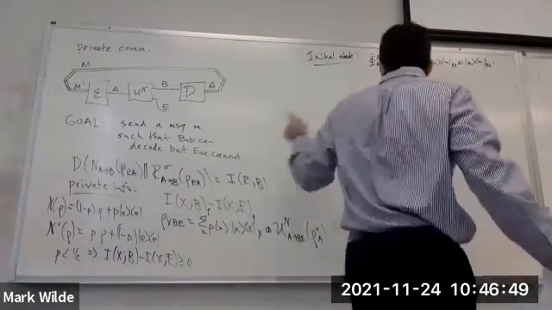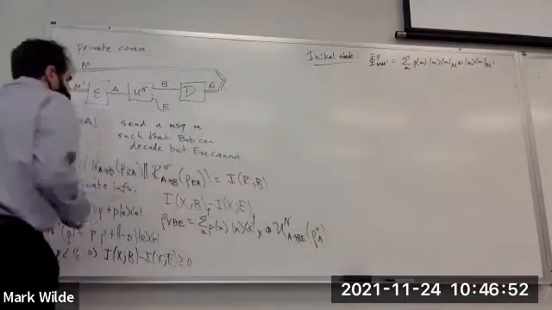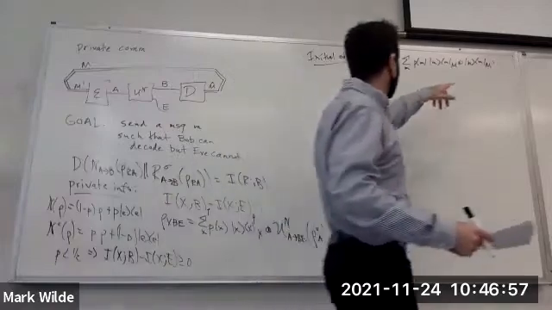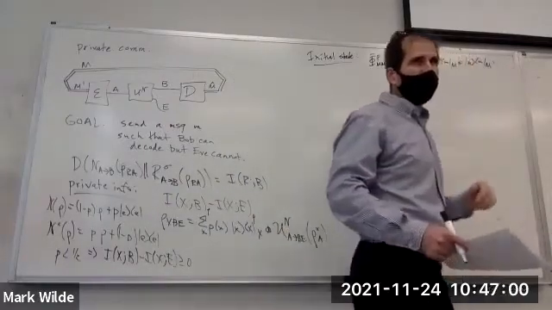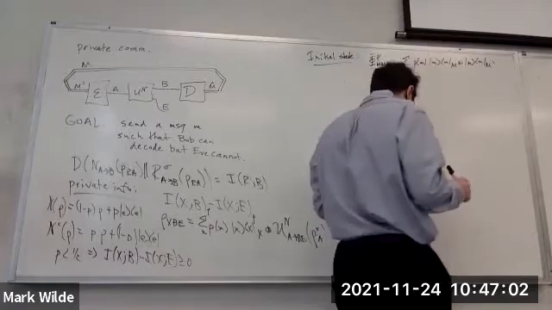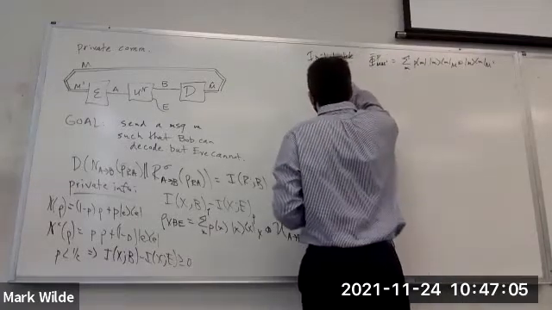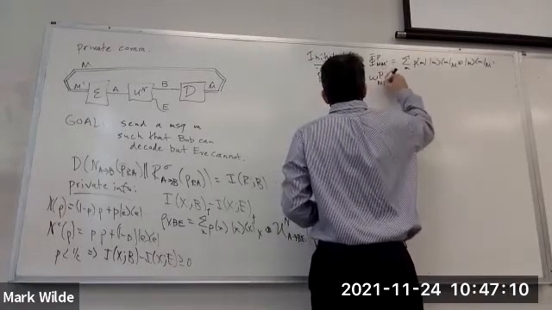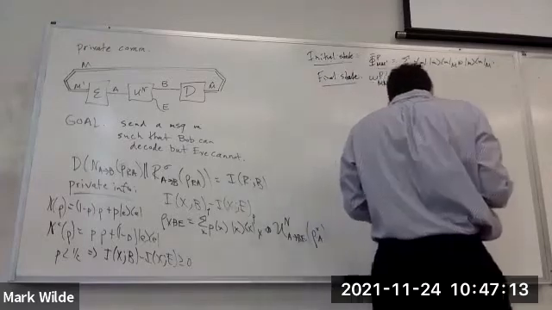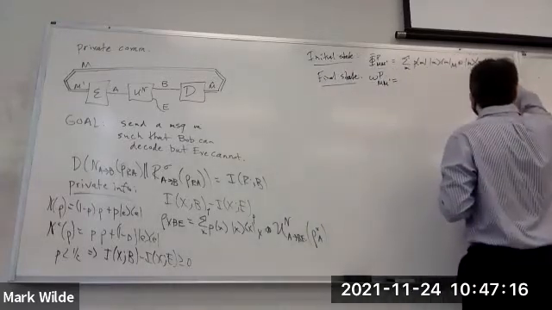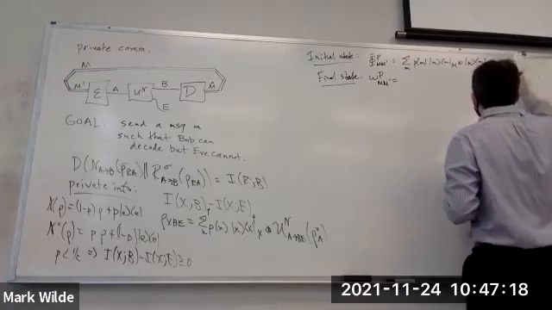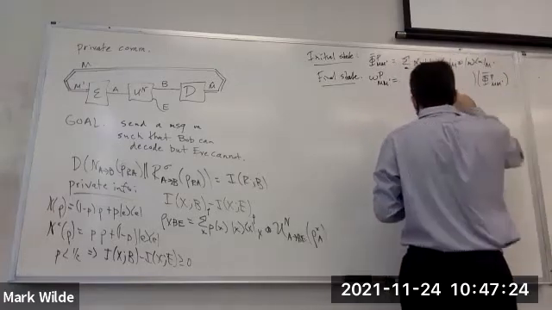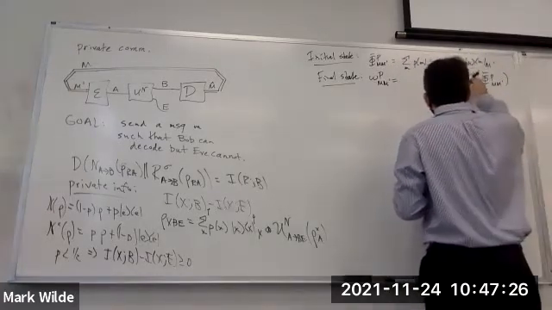She makes a copy of it, and that's what she sends through the encoder, through the whole protocol. And so the value in this register is what she wants to keep private from E. Okay, so the final state of the protocol is what we'll call omega again. And that's going to be the initial state with the whole protocol acting on it. So not much different from the unassisted case. However, we'll have the isometric extension of the channel.